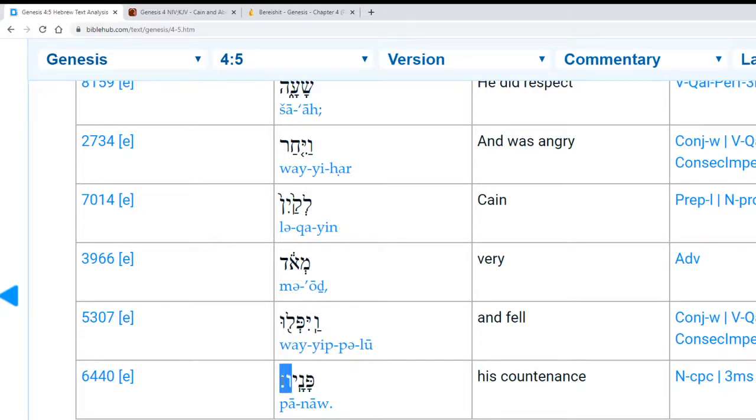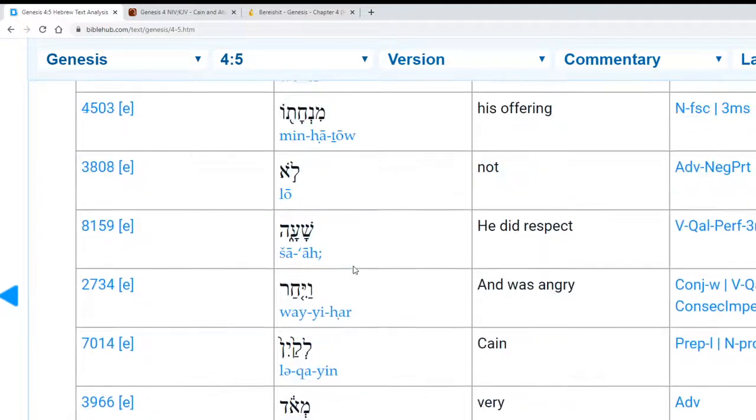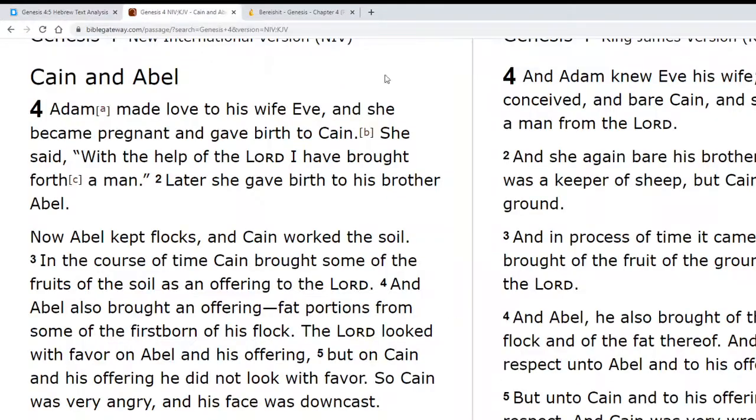The vav at the end is his, and this is in the plural, panim, right? We've had face many times. And it also means insides, right? And his insides fell. So you can translate his face fell, but it can also mean his insides fell. So however you're going to translate that.